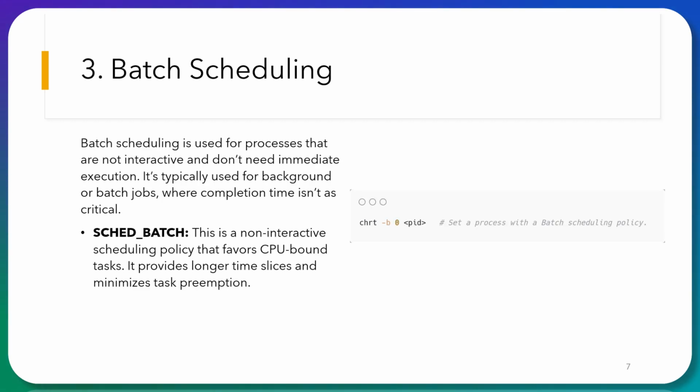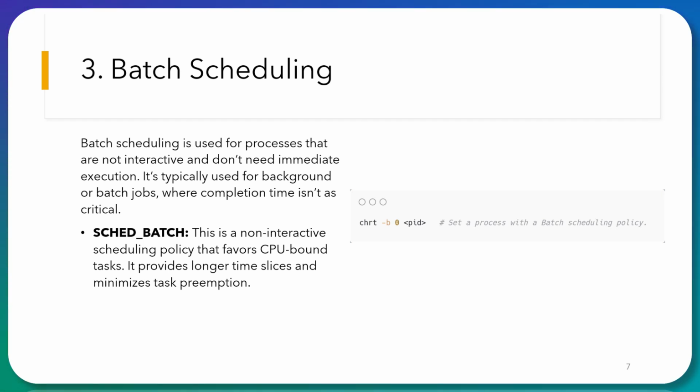There is also batch and idle scheduling for low priority or background jobs. SCHED_BATCH is ideal for CPU-intensive background tasks that don't need immediate interactivity. These jobs get longer CPU bursts and are less likely to interrupt interactive tasks. Examples might be video encoding or data processing jobs running in the background.